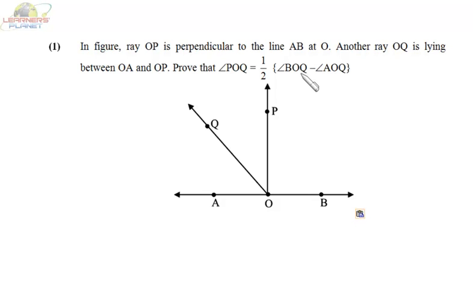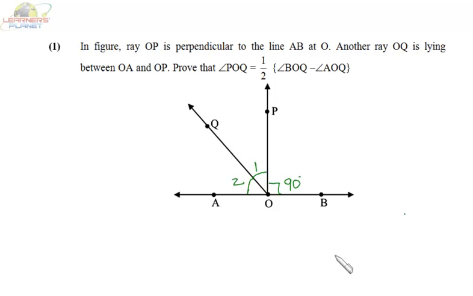Friends, first of all, let's label all the angles. Angle POB will be 90 degrees since OP is perpendicular to AB, and I have named angle POQ as angle 1 and angle AOQ as angle 2.